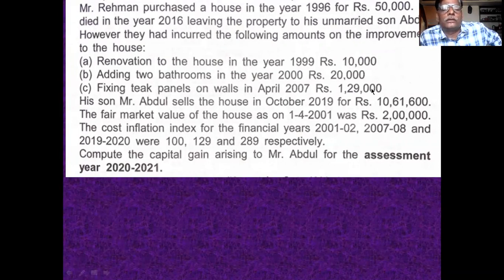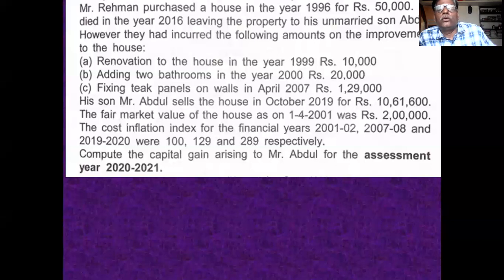Multiply by the current year index, which is 2019-20. What is the index for 2019-20? You see the last paragraph. Cost inflation index for financial years 2001-02, 2007-8 and 2019-20 are 100, 129, 289.